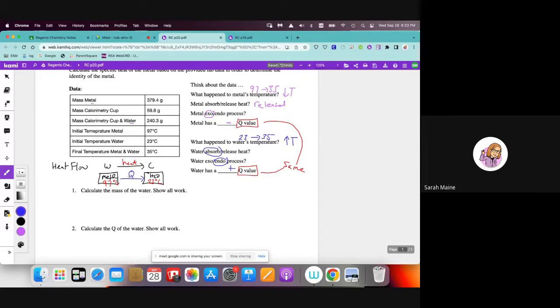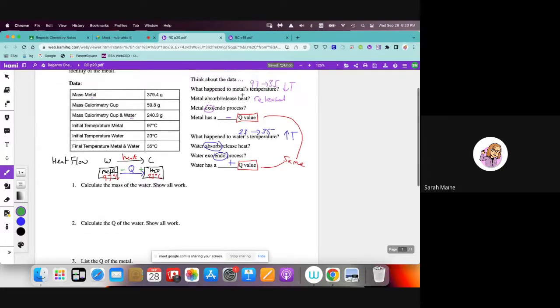Q is just quantifying the actual number of joules of heat. And for the metal, because the metal is getting rid of it, this Q value is going to be negative. But because the water is accepting and taking it in, that Q value for the water is going to be positive, as a way to think through it.